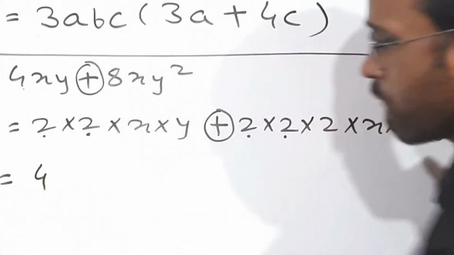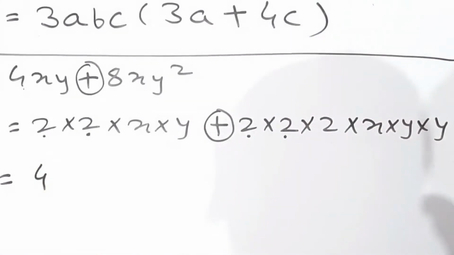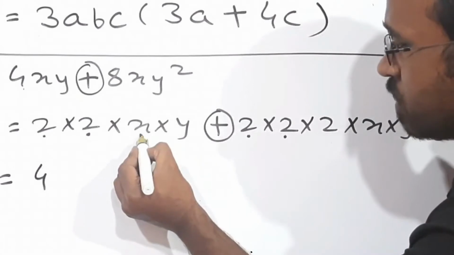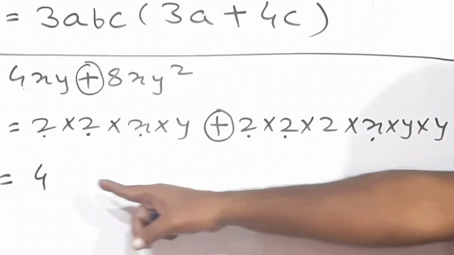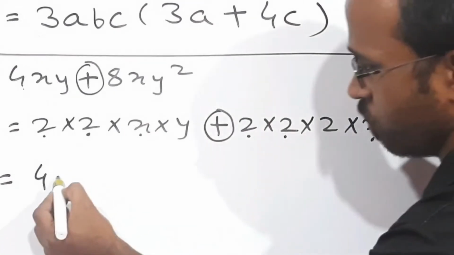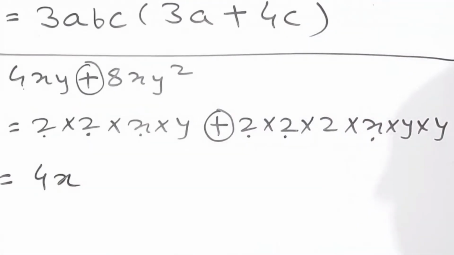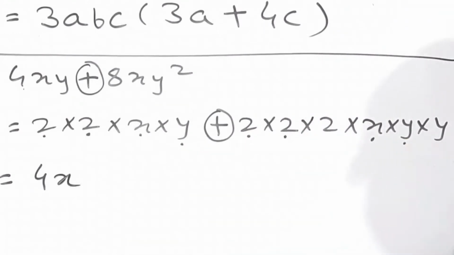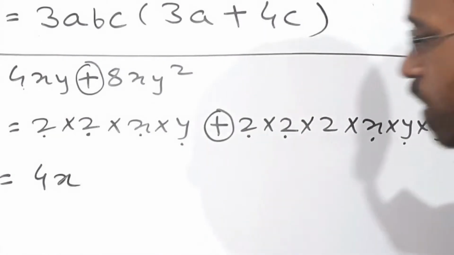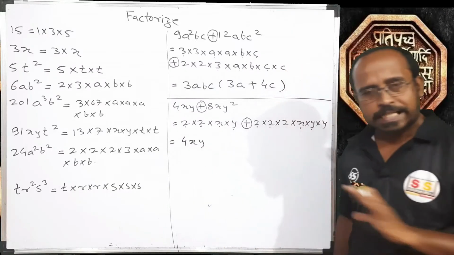That is 4. 4 is common. Now this x is common, this x is common, so 4x is common. After that, this y is common, this y is common. So 4 multiplied by x multiplied by y, 4xy is common. Clear up to this?